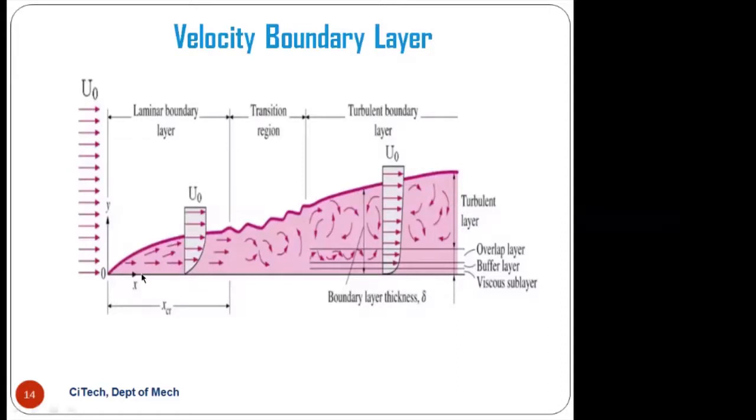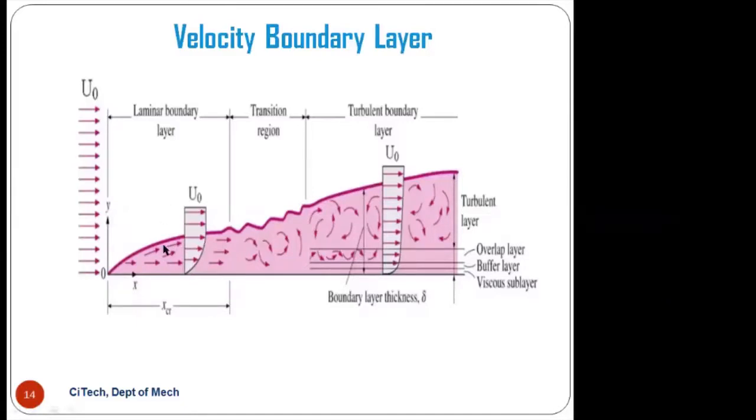The viscosity effect is more at the surface, at the junction of the fluid flow and the solid plate. As the distance increases vertically, viscosity goes on decreasing and velocity increases.